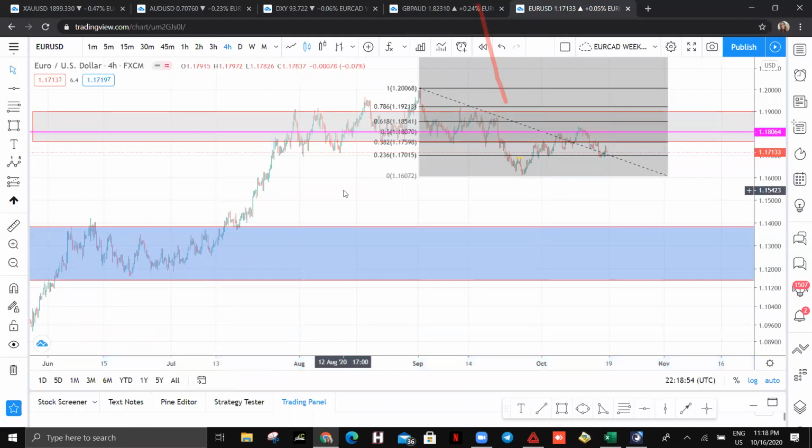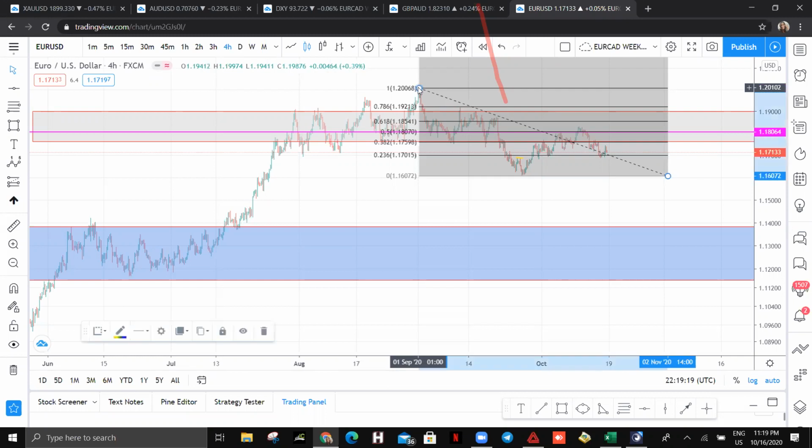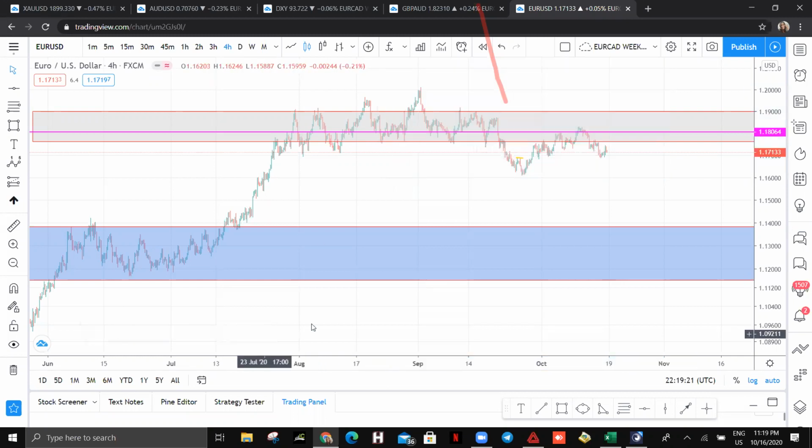If you want to know where to put your sell limit, let's say you saw the breakout of this zone, and you ask yourself, how am I going to know where to set my sell limits? You draw your Fibonacci from the highest point, the top, which is this one I did. Let me delete it so I can try it again.